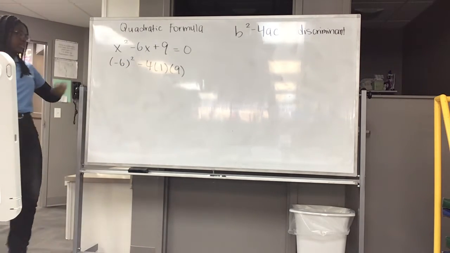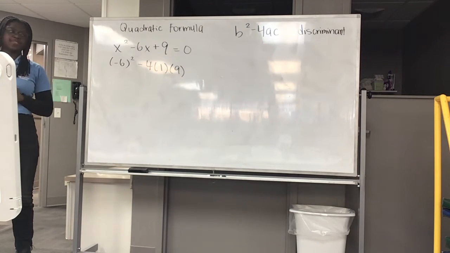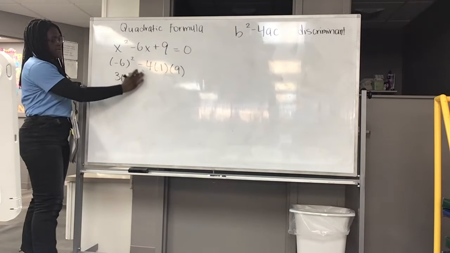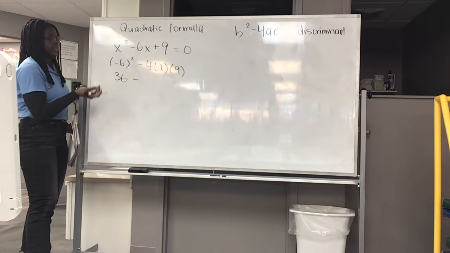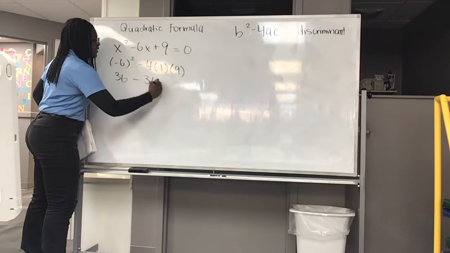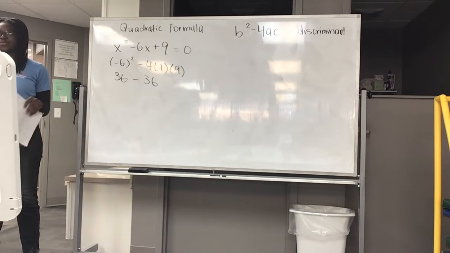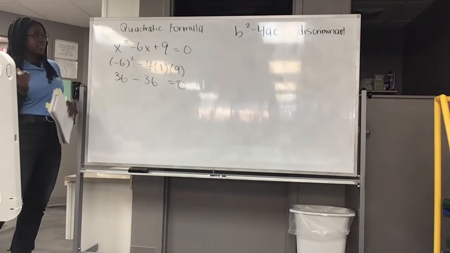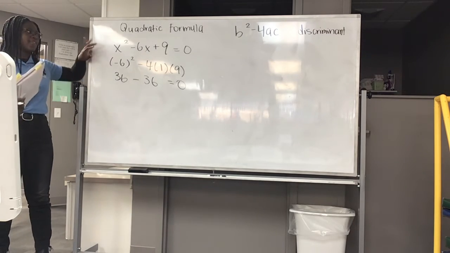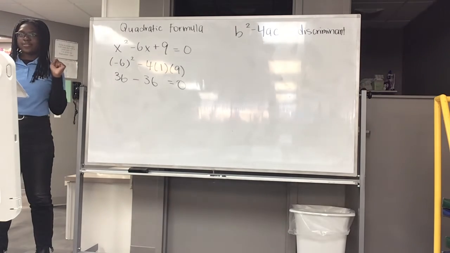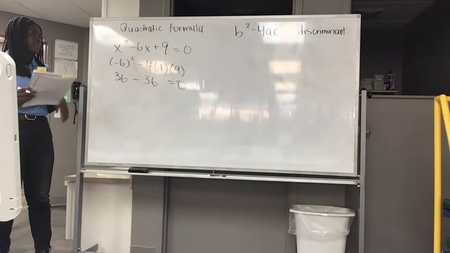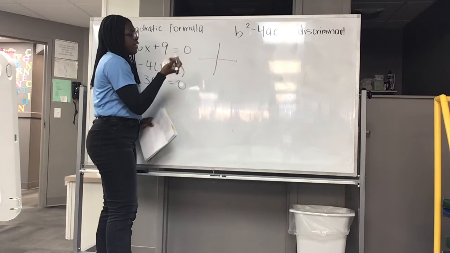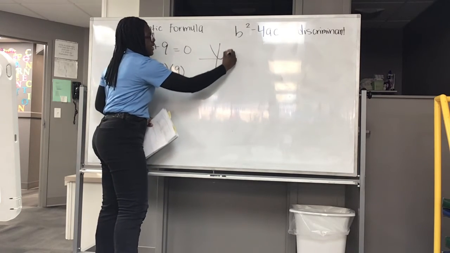Negative 6 squared is 36, minus 4 times 1 times 9, that's also 36. So we've got 36 minus 36, which equals 0. So my discriminant is 0. What does that mean about this function? Yep. So that means if we were looking at an x-axis, it would hit once.